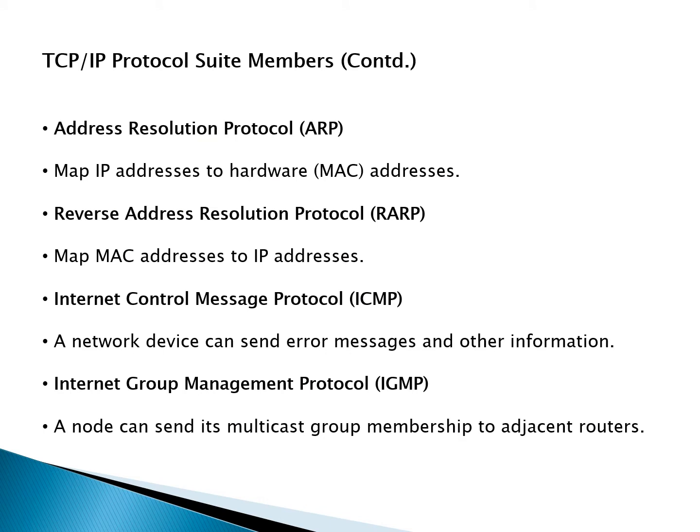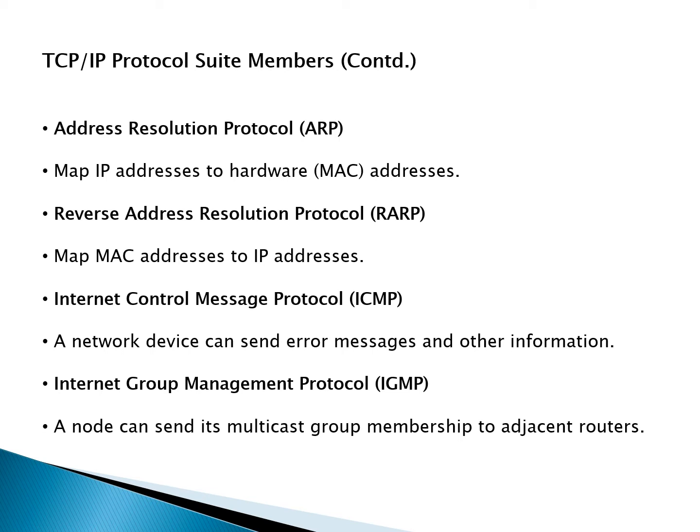Here we briefly talk about some of the protocols of the TCP/IP family members. First one is Address Resolution Protocol, ARP. It is used to convert IP addresses to MAC addresses. As you all know, every computer connected over the internet has a logical IP address.